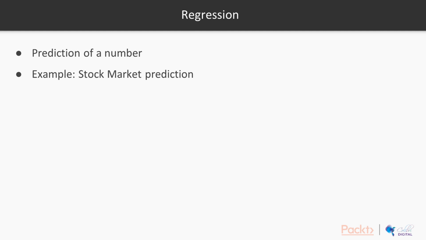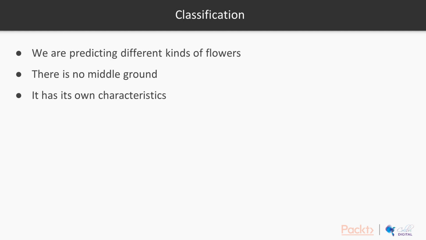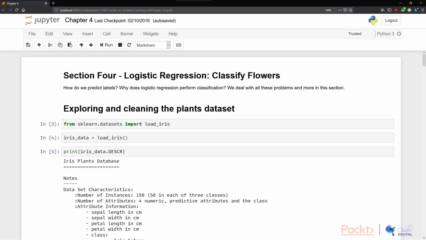You can predict 4,000 or 5,000 or any number in between, and there isn't really a strict boundary between the different things you can predict. Whereas in classification, in this case, we're predicting different types of flowers. There's no middle ground between flower type A, flower type B, and flower type C. So classification has its own little characteristics because of this nature.